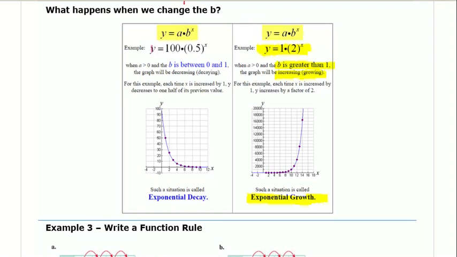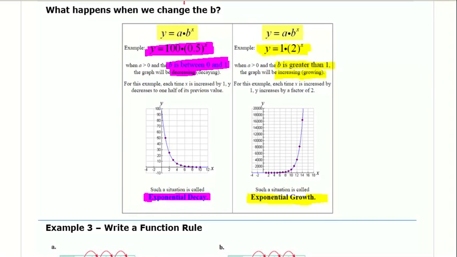However, we can also have something like this, where our b is between 0 and 1. Right now it looks like a decimal. Most of the ones we do, I'll probably make it look like a fraction, but it's between 0 and 1. That's going to be something that starts off really high, but it drops down quickly. So that's going to be a decreasing graph, which we call exponential decay.